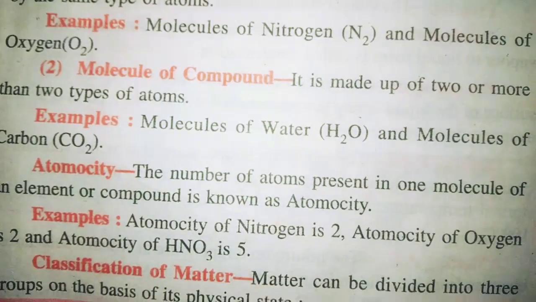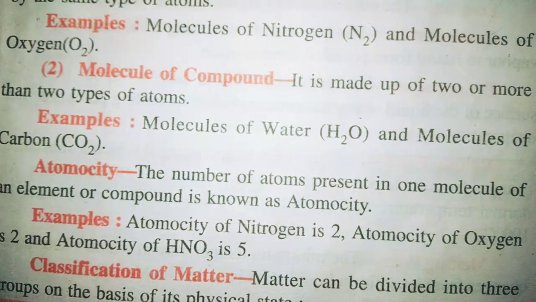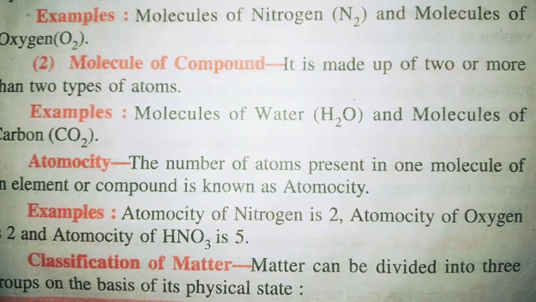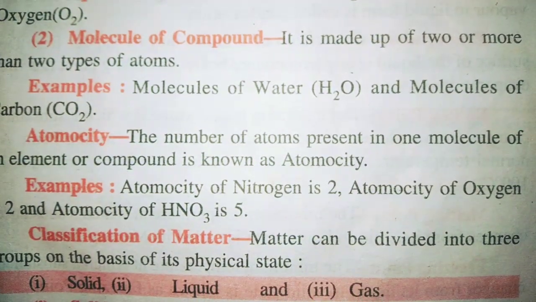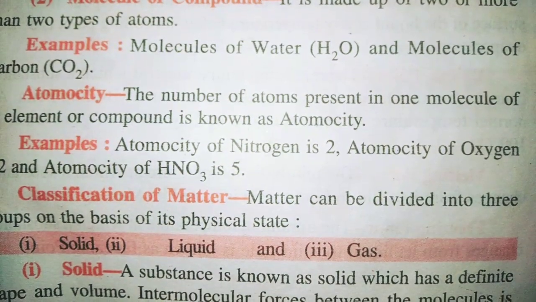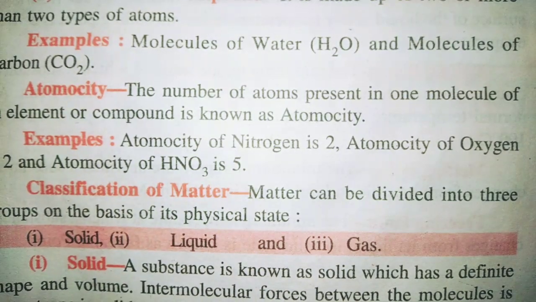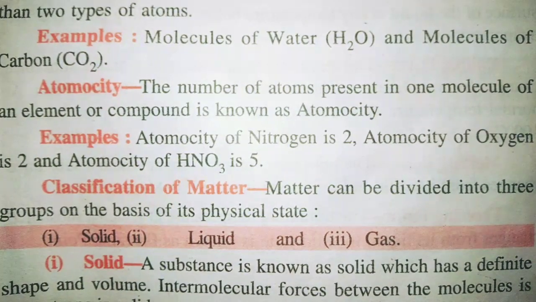Matter can be divided into three groups on the basis of its physical state, that is solid, liquid and gas. A substance is known as solid which has a definite shape and volume.